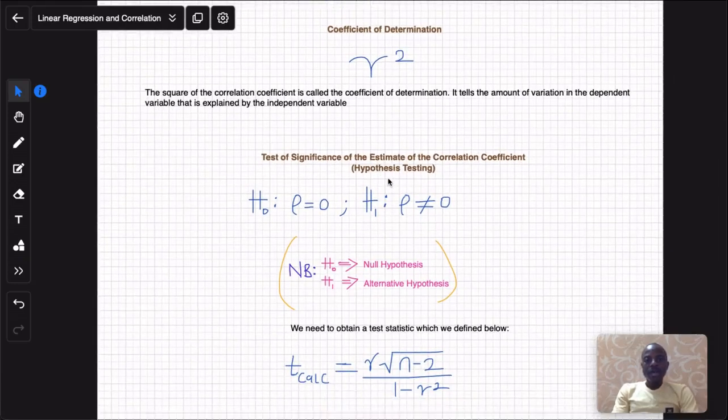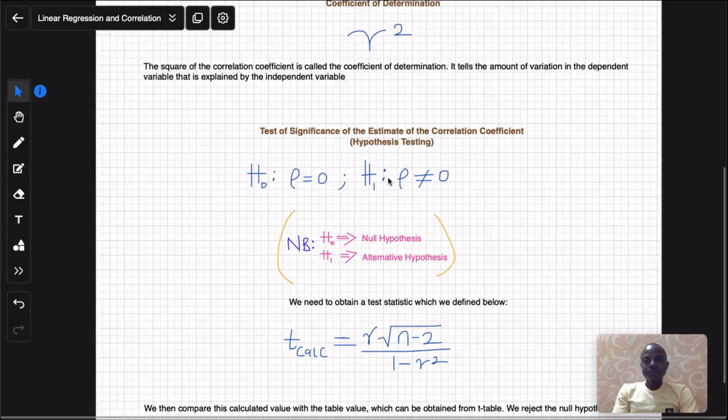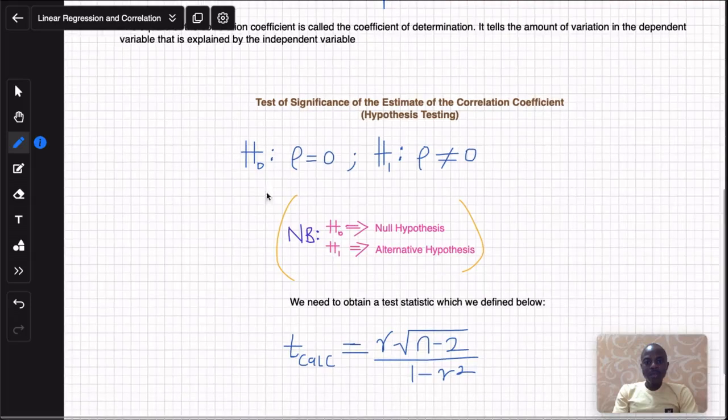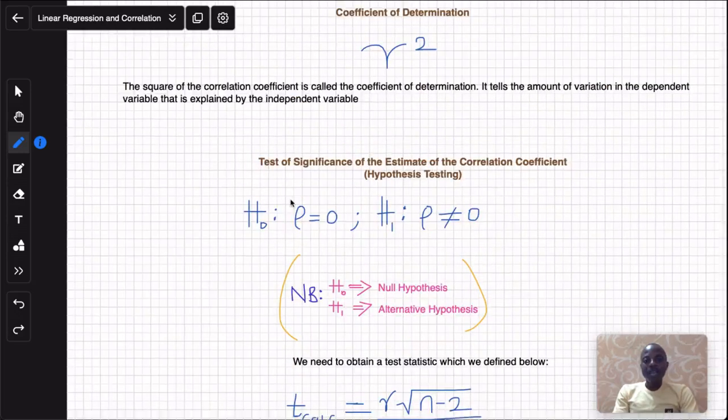All right. Now the test of significance of the estimate of the correlation coefficient is also important. This has to do with hypothesis testing. So let me quickly say that you may not understand everything about this, but the main thing here is to be able to find out if what you have obtained is significant or not.